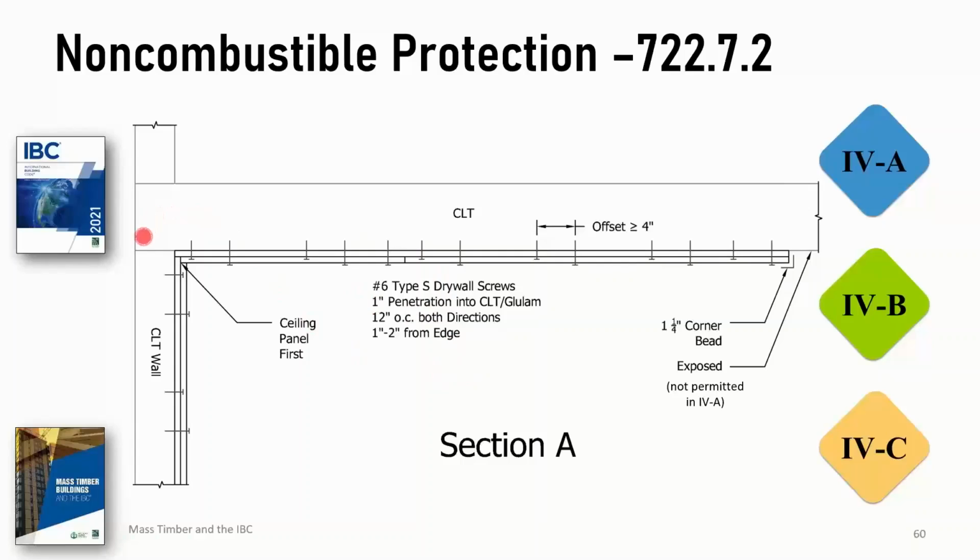You have a detail that requires the wall gypsum board to always be supporting the ceiling gypsum board and not the other way around. So this will be an inspection detail to make sure that the gypsum has full effect, for protecting the mass timber.